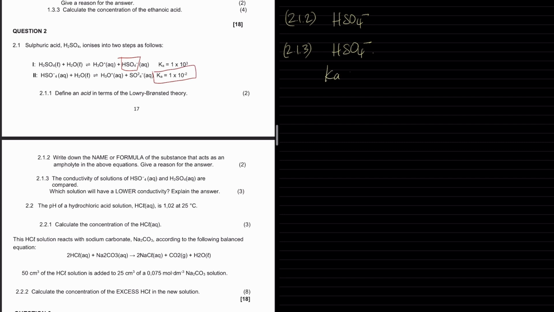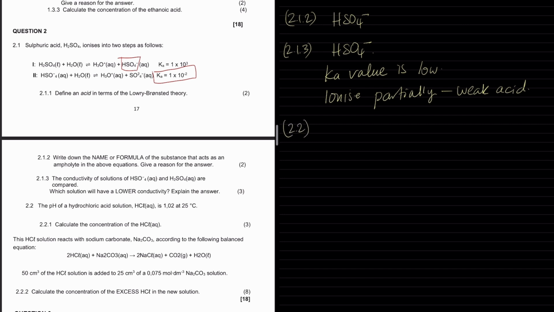The Ka value is low. What does that mean? It means that it's going to ionize partially. It is a weak acid, and so fewer ions, meaning a lower or weaker conductivity.